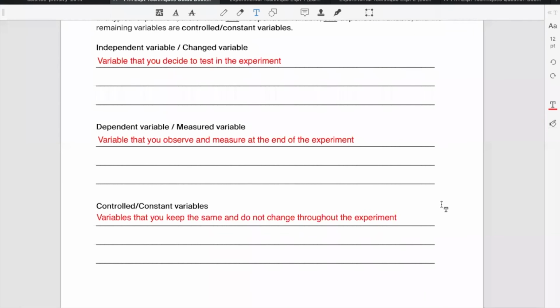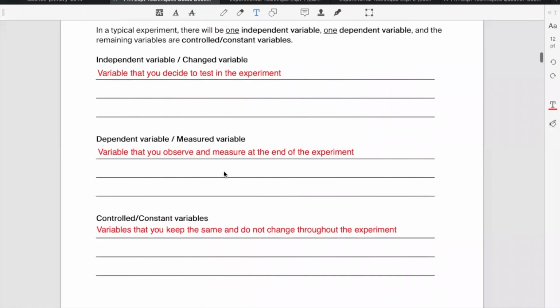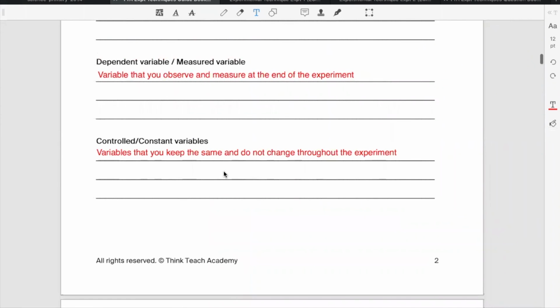Following that, before I move on to the next part, please remember that variables must be quantifiable. What is the meaning of quantifiable? I'm going to write a key thing here. Variables must be quantifiable.